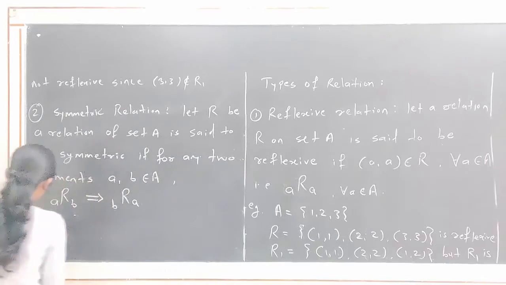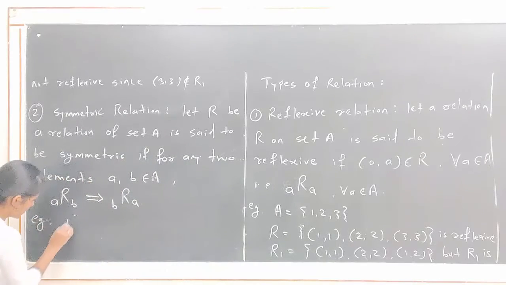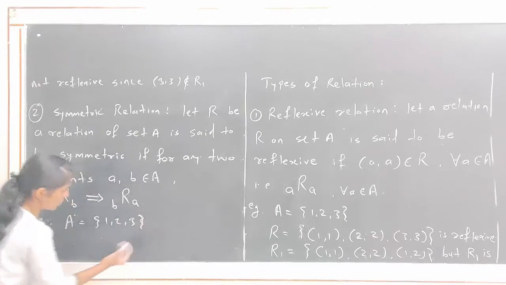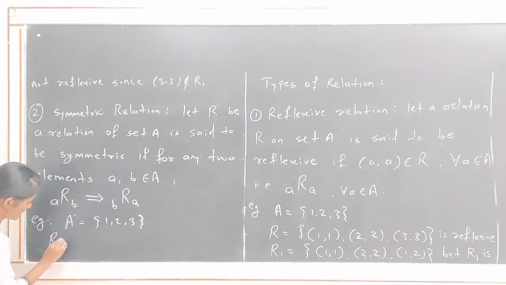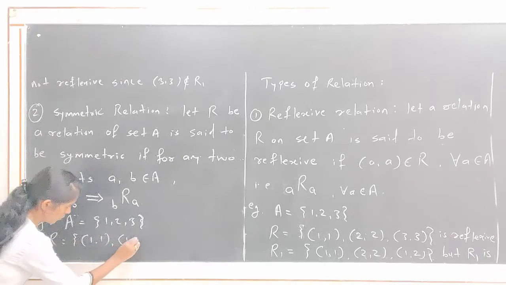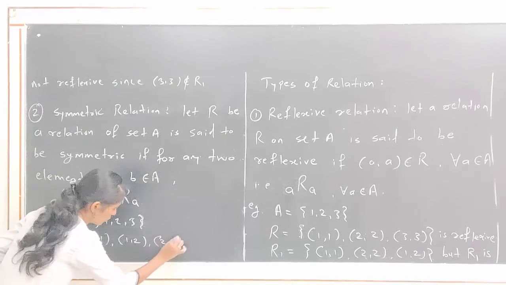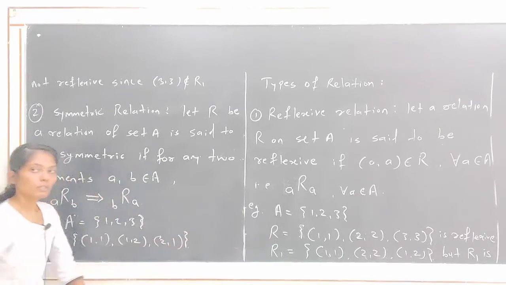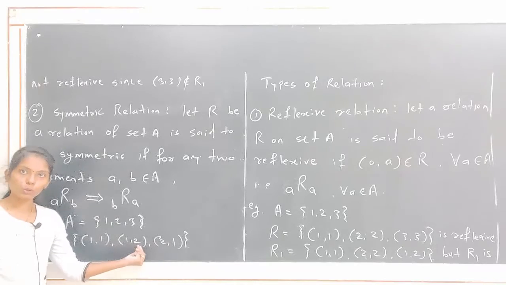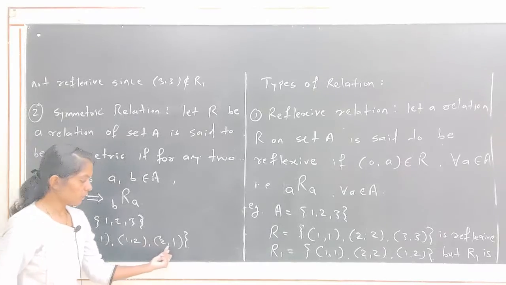For example, again we consider set A = {1, 2, 3}. Suppose we consider relation R = {(1, 1), (1, 2), (2, 1)}. Here in this relation 1 is related to 2 and 2 is related to 1.